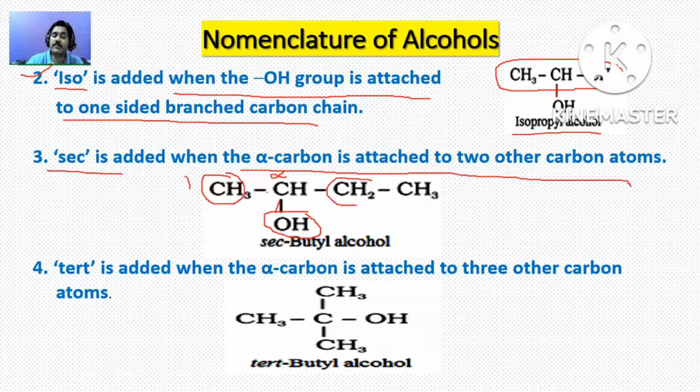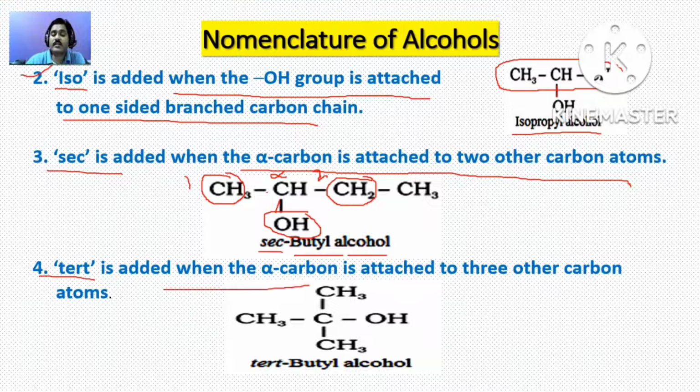Similarly, on the other side another carbon group is present, meaning a total of two carbon atoms are combined with the alpha carbon atom. Such alcohols are called secondary. One, two, three, four: four carbon atoms, called butyl alcohol. Secondary butyl alcohol will be its name. Now, the word tertiary will also be used.